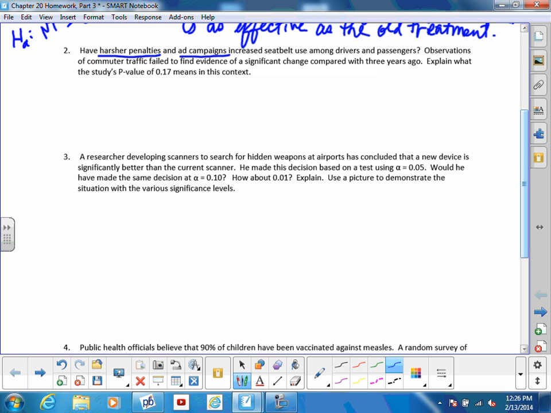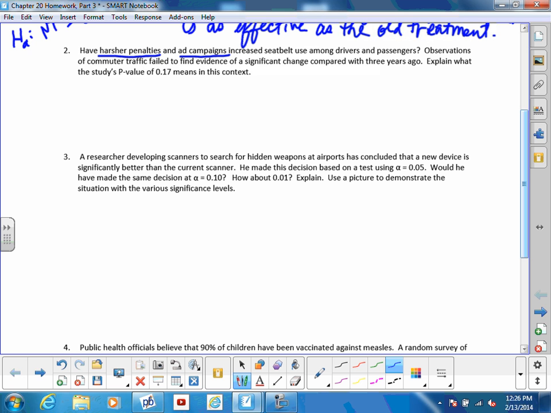Okay, so let me finish reading this so that I'm talking to you about it before fully reading it. So, have those harsher penalties and ad campaigns increased seatbelt use among drivers? You have no right to make that conclusion. And passengers. Observations of commuter traffic failed to find evidence of a significant change compared with 3 years ago. Explain what the study's p-value of 0.17 means in this context.